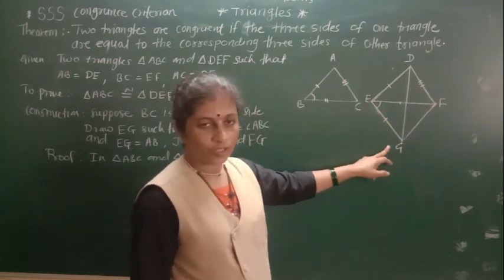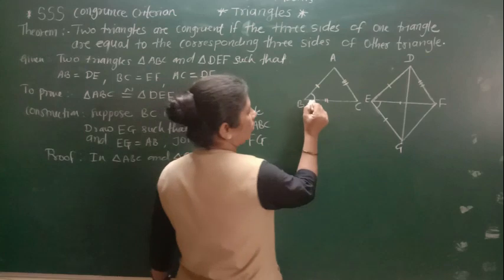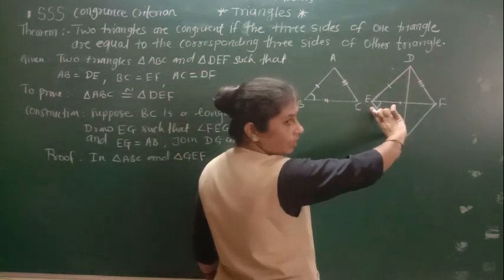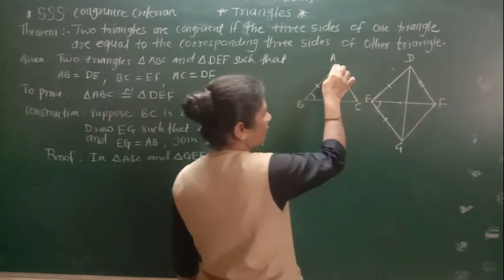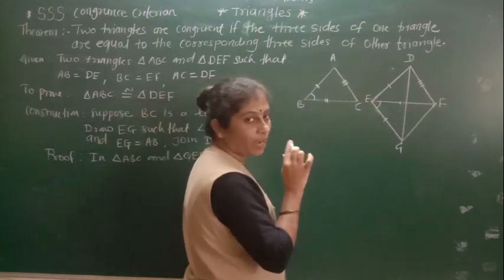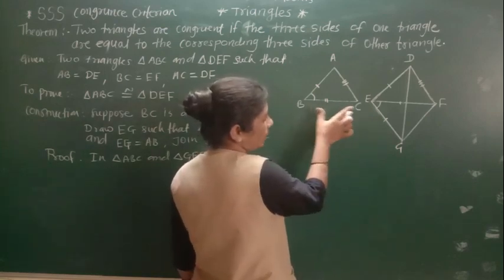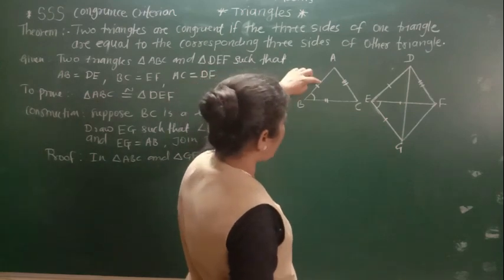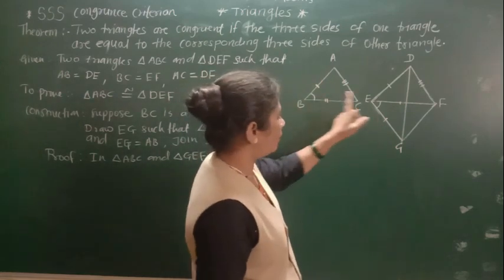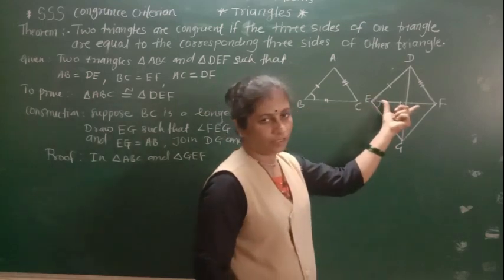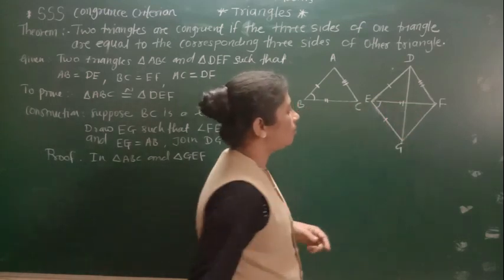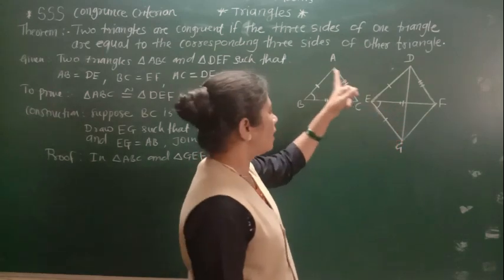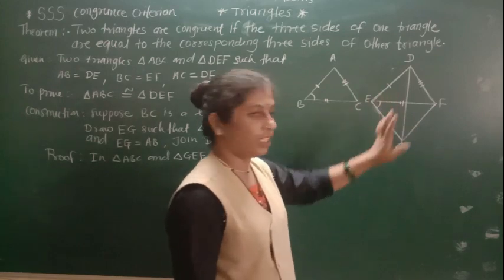These two things, AB equals EG and angle FEG equals angle ABC, we have done by construction. Also BC equals EF. So which criterion came here? Side, angle and side. By the SAS criterion, these two triangles are congruent: triangle ABC is congruent to triangle GEF.